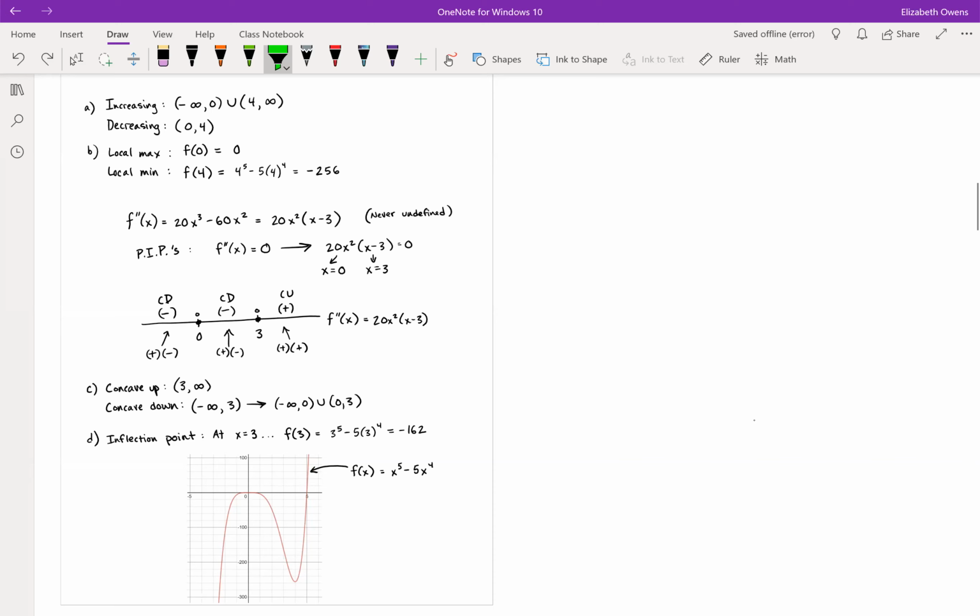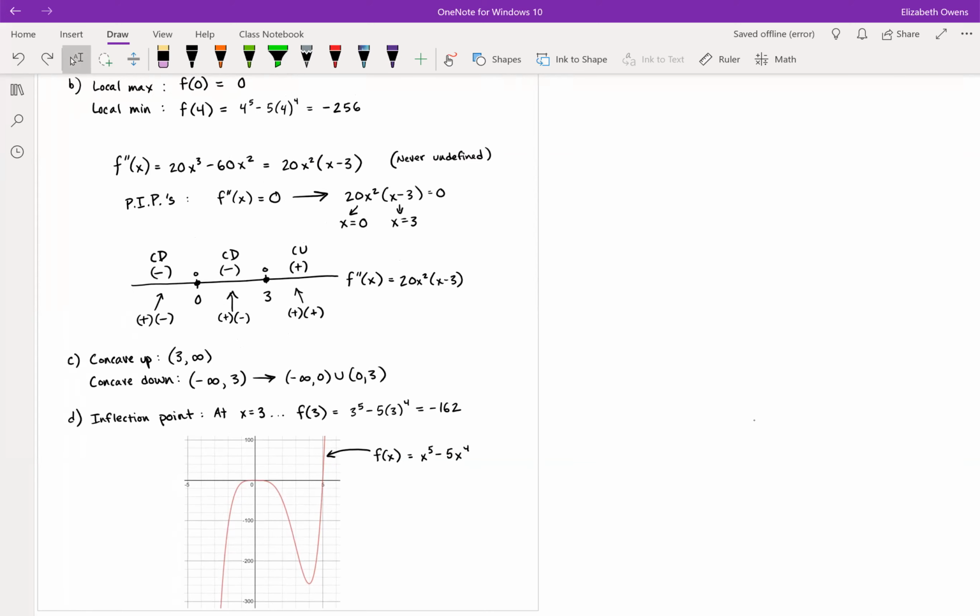So check, check. Now for our local maximum, there was a local maximum at the origin, 0, 0. And yeah, there actually is. It's at the top of that kind of flattened hill type of shape, 0, 0, local max. And then we have a local minimum at 4, negative 256.